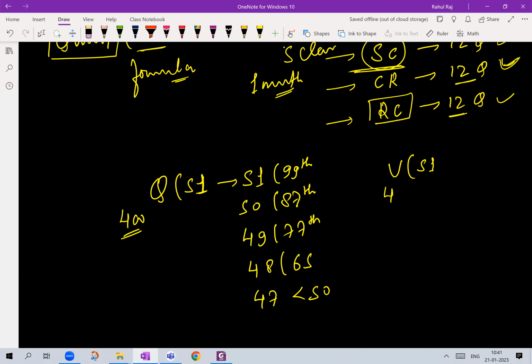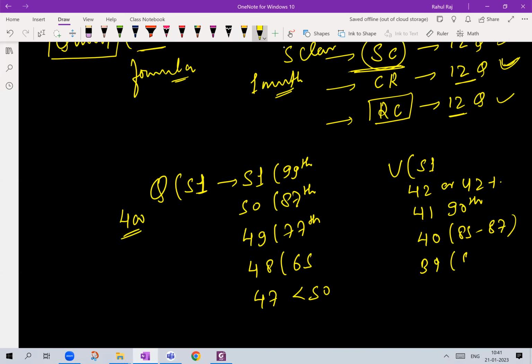In verbal, out of 51, anything 42 or 42 plus, you get 99th percentile. If you have 41, it is 90th percentile. If you have 40, it is 85 to 87th percentile. If you get 39, it is almost 80 to 83 percentile, somewhere around. If you get 38, it is 78 percentile something.